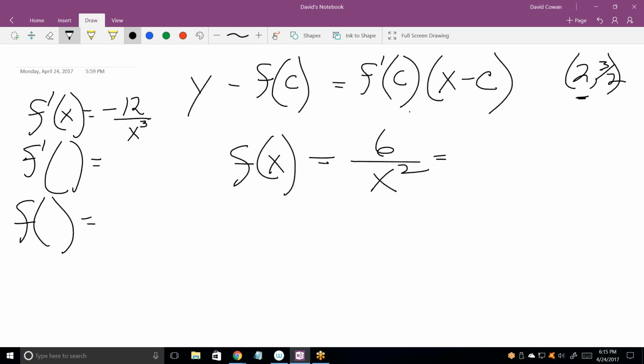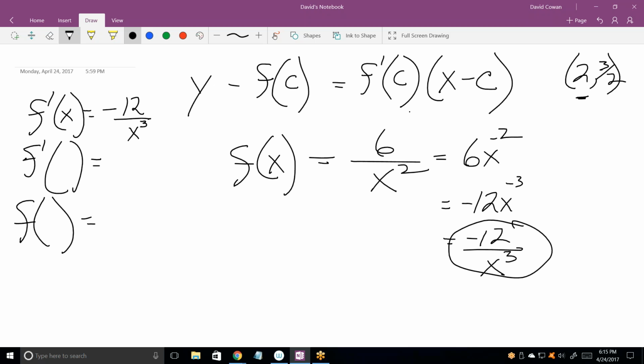First of all, that's going to be written like this, with a negative exponent. We're not going to be using the quotient rule. Never use the quotient rule if you don't have to. And notice that if I write this with a negative exponent, I can use the power rule. That's minus 12 times x to the minus 3, which is minus 12 over x to the positive 3. So that's the first derivative.